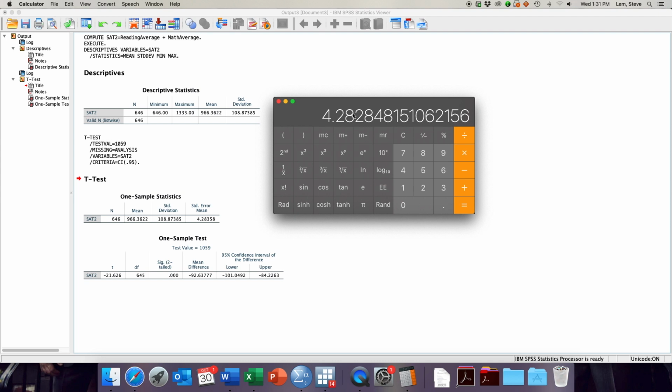Once again, we can do this all by hand, but there's no reason to, because SPSS calculates the standard error of the mean from the standard deviation and n, and then it calculates the mean difference by using our sample mean and the value we plugged in for the test value.